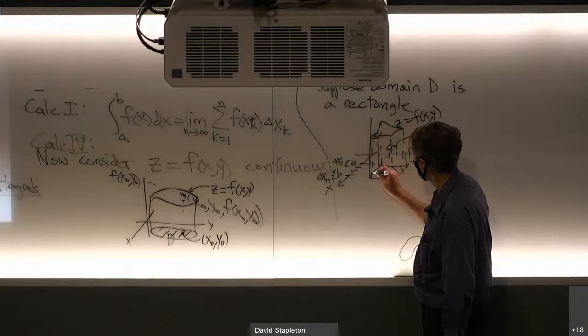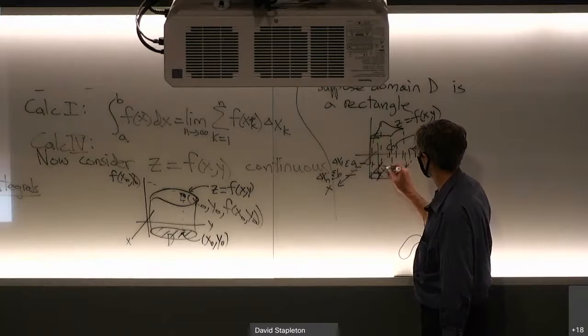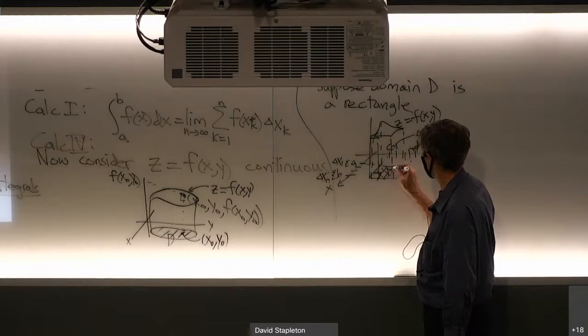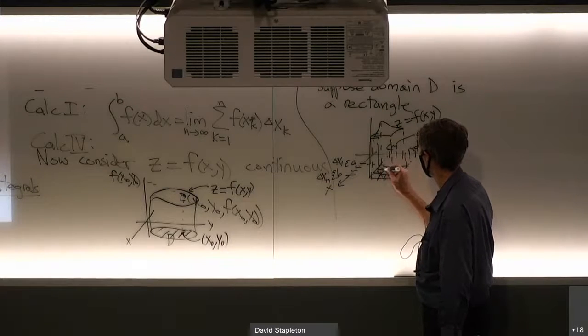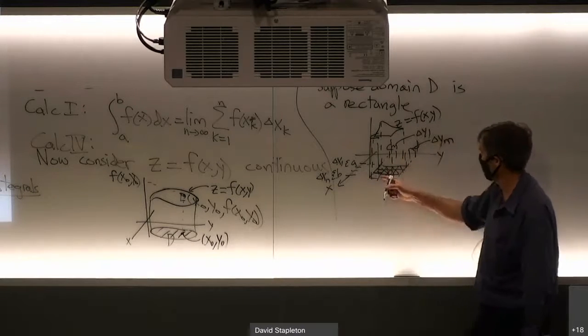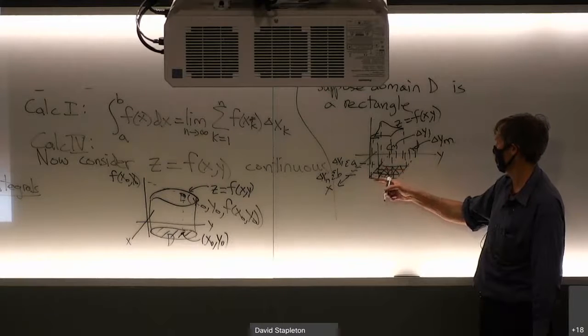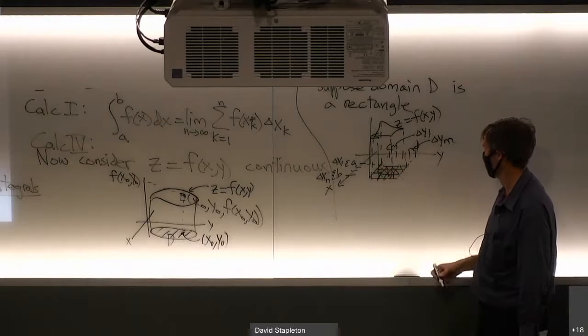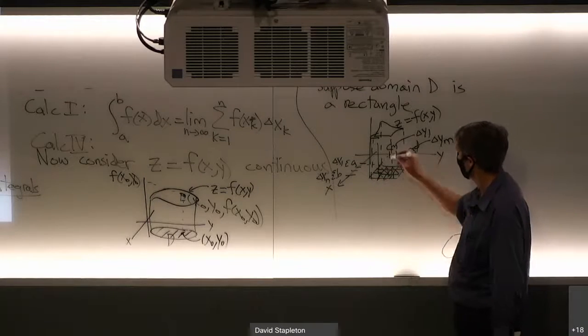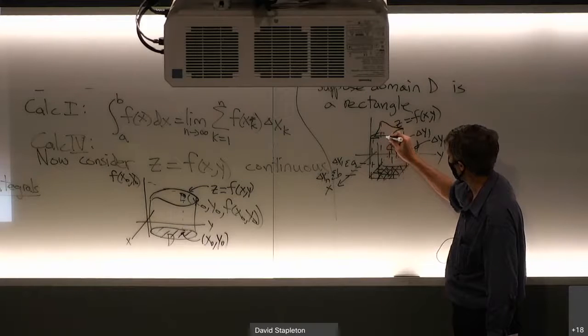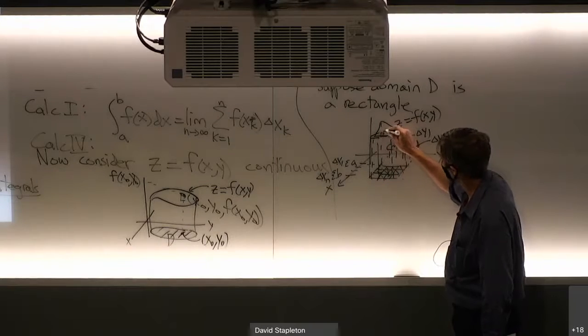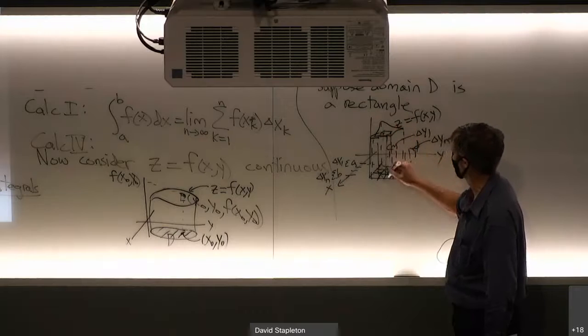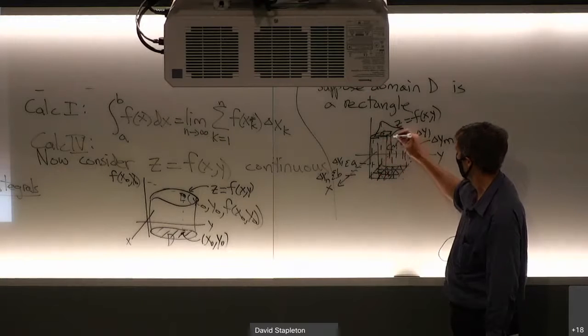This partitions the domain into little rectangles like this, right? Each of width delta xk and say delta xj and width delta yk. And over each one you construct a rectangular box. And you can think of adding up the volumes of the rectangular boxes because we know those, right? Just base times height times length.